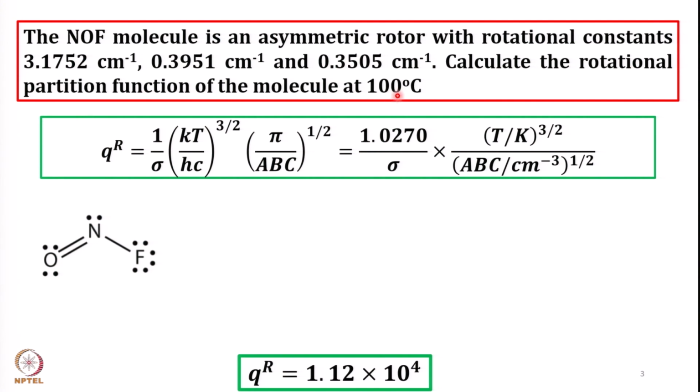Okay. Now, once we are asked to calculate the rotational partition function, then we need to make a decision whether to go by direct summation method or to go by high temperature approximation. In order to use high temperature approximation, we need to calculate characteristic rotational temperature.